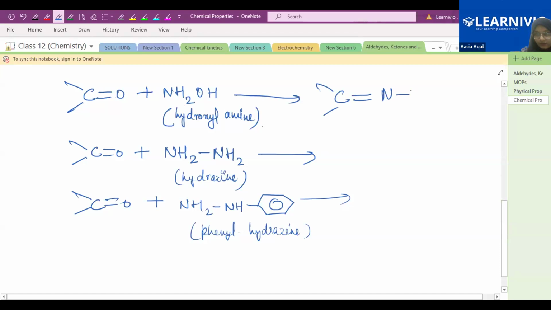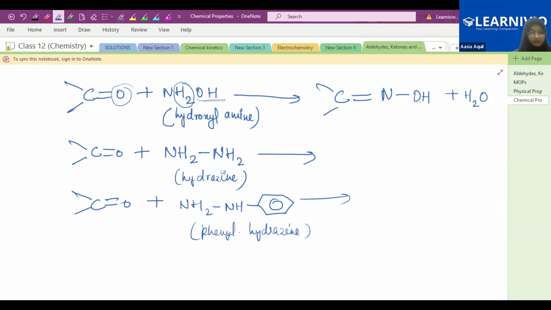What happens? You are supposed to remove two hydrogen plus this oxygen as water. And the next thing, carbon double bond nitrogen you attached, and the remaining group, what is this? Hydroxyl group. You have to attach it over here. So you will get this group.